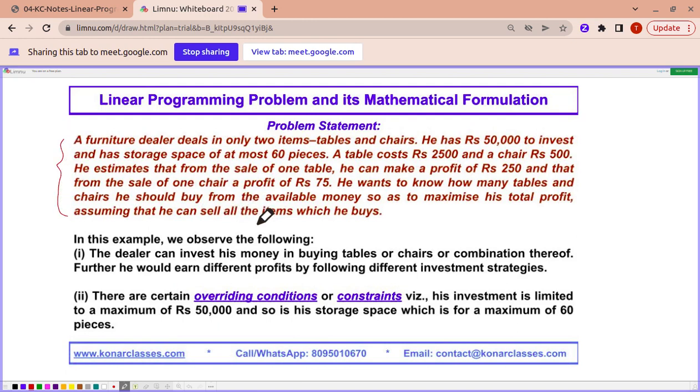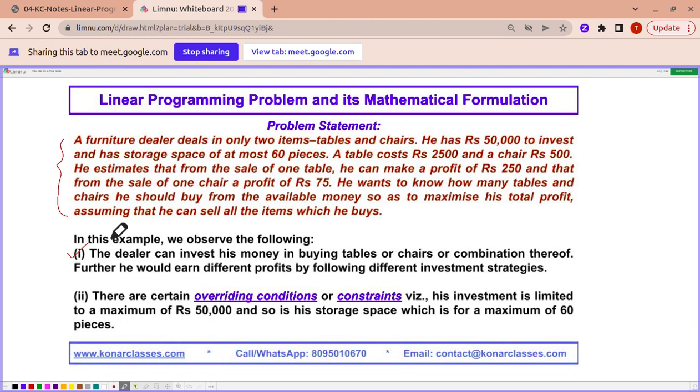Now, in this problem, we observe the following two things. The first one, the dealer can invest his money in buying tables or chairs or a combination thereof. That means he can use the entire 50,000 to purchase only tables, or use that 50,000 rupees to purchase only chairs, or a combination of chairs and tables, meaning a few chairs, a few tables, so that after purchasing, the entire cost becomes 50,000 rupees.